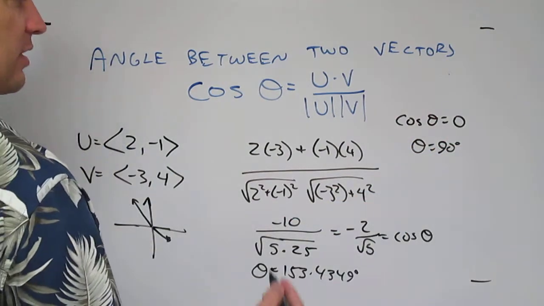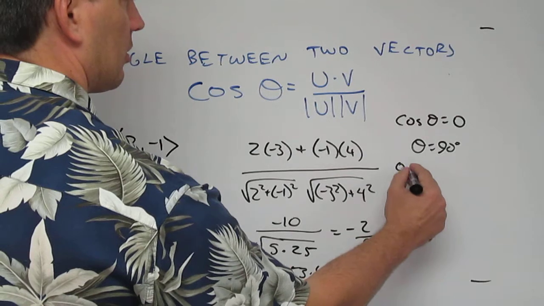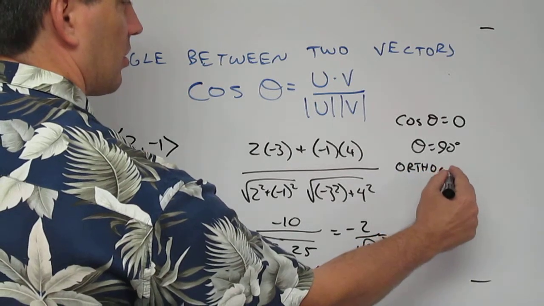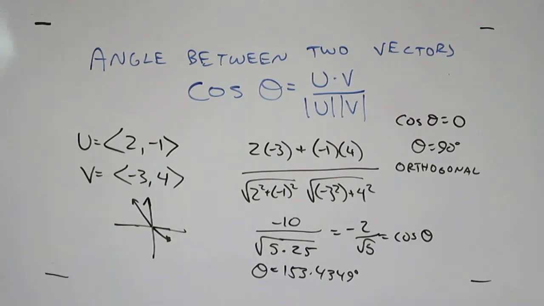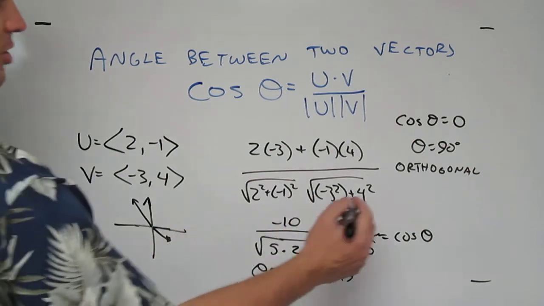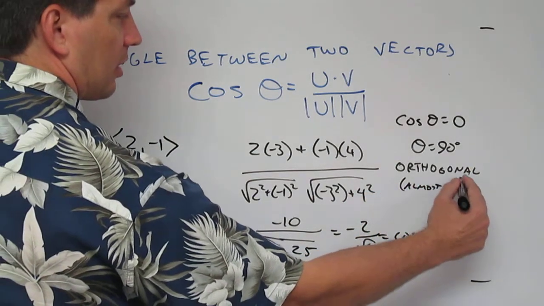Okay? If the dot product of two vectors is 0, you get what are called orthogonal vectors, which for the most part that's going to mean that they're perpendicular. There's one exception, okay? So it's almost always perpendicular.